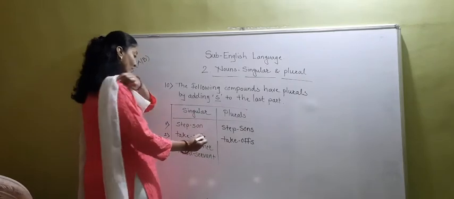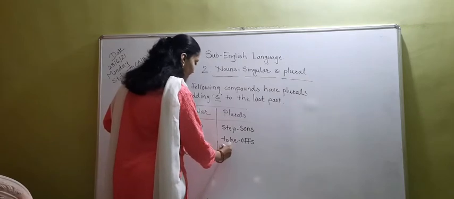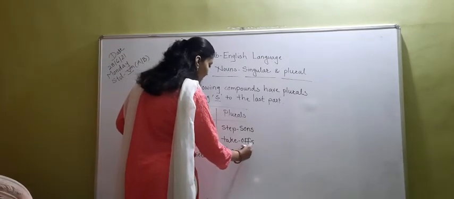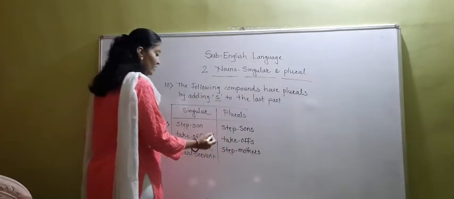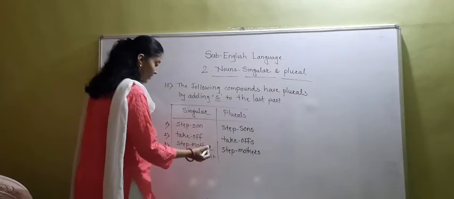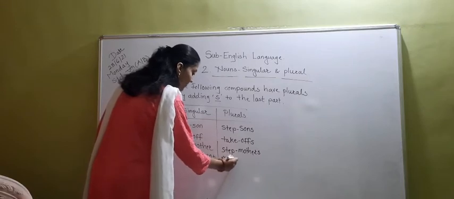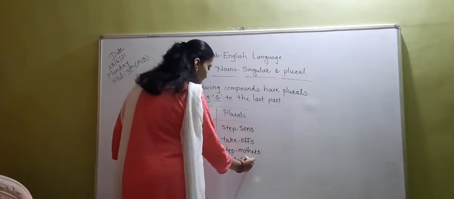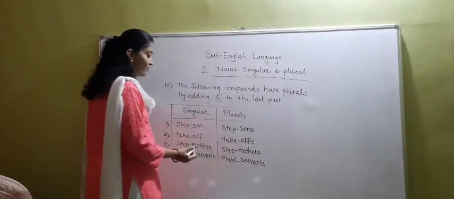Stepmother, we will write step as it is and add s to mother, so it will become stepmothers. Maidservant, we will write maid as it is and add s to the word servant, so it will become maidservants.